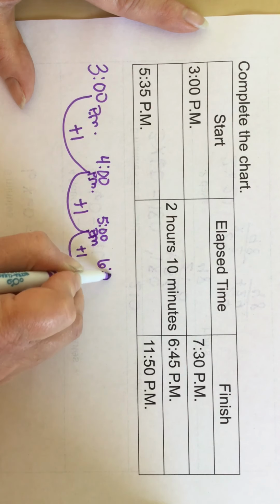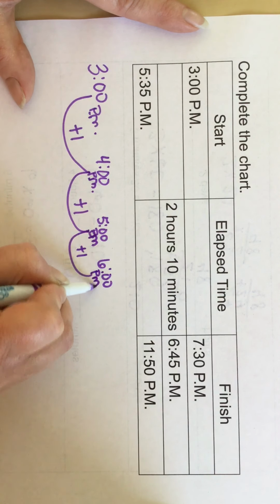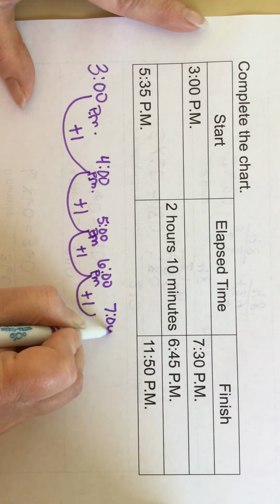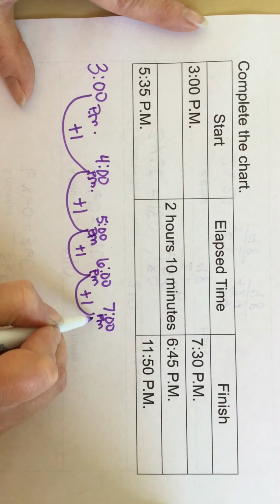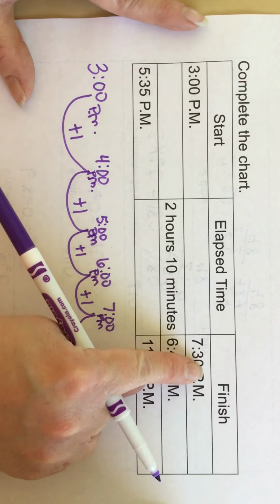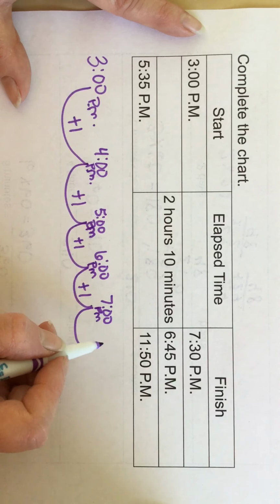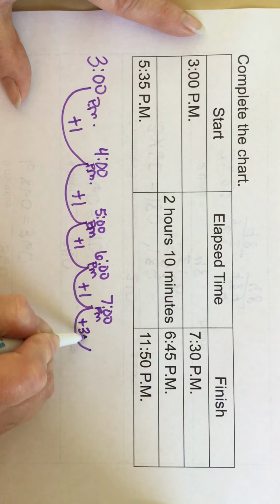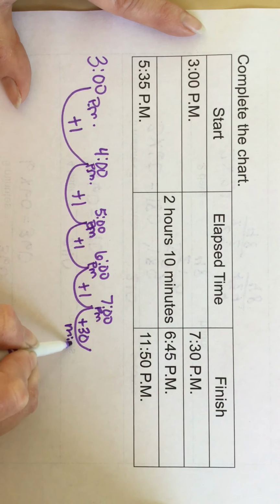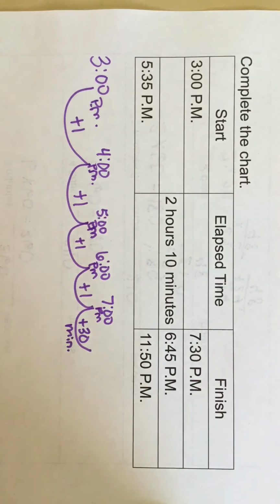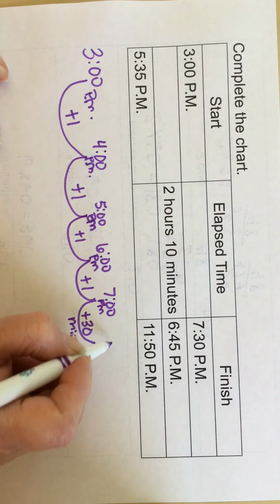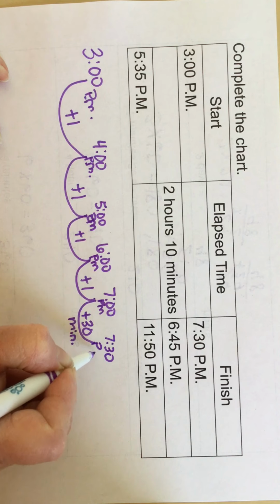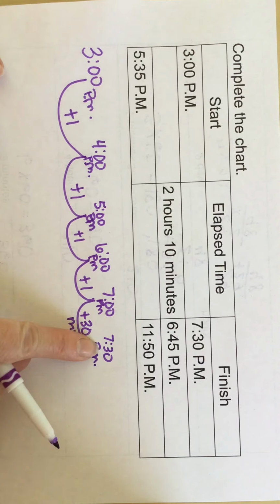Now I'm at 6 p.m. Add one more hour and I'm at 7 p.m. Now we need to add 30 minutes to get to 7:30. So I'm going to write down MIN period, the abbreviation for minutes, and add it to my 7 o'clock to make 7:30.